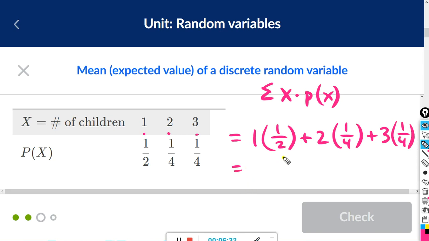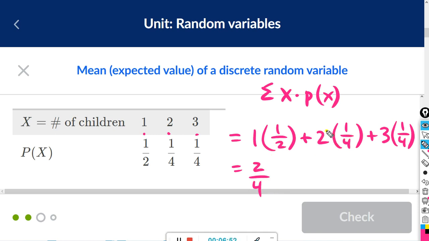I'm going to keep all these in terms of fourths because I want a common denominator. 1 times 1/2 is 1/2, but in terms of fourths, that's 2/4.